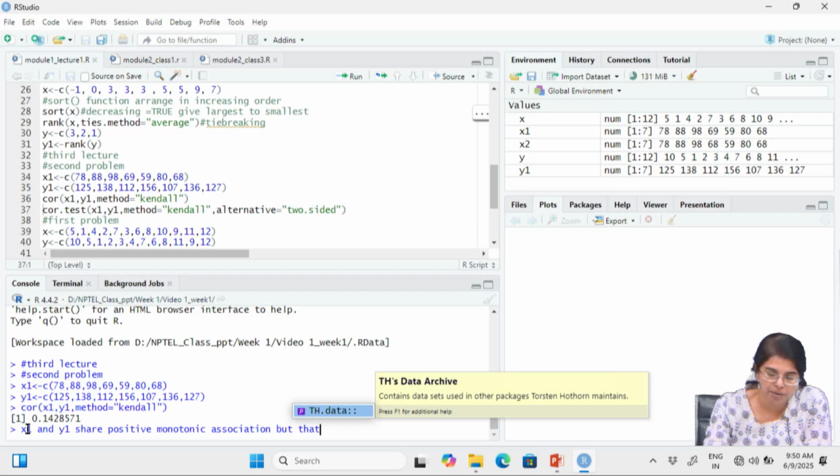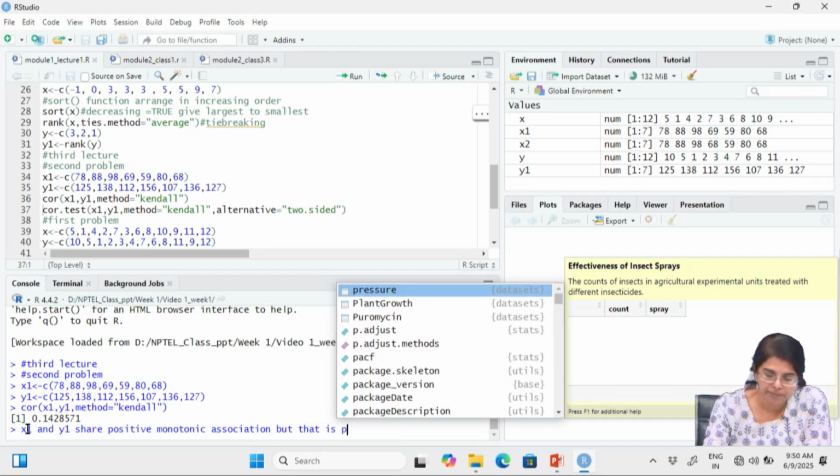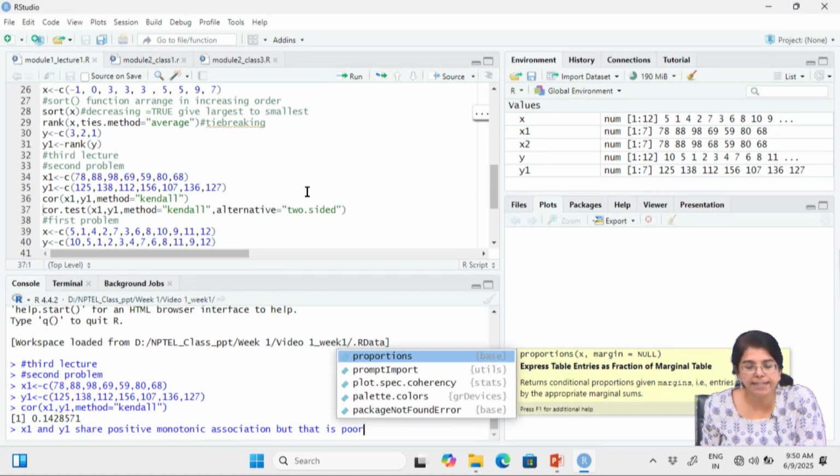So, what is the degree of association? Degree of association is poor.